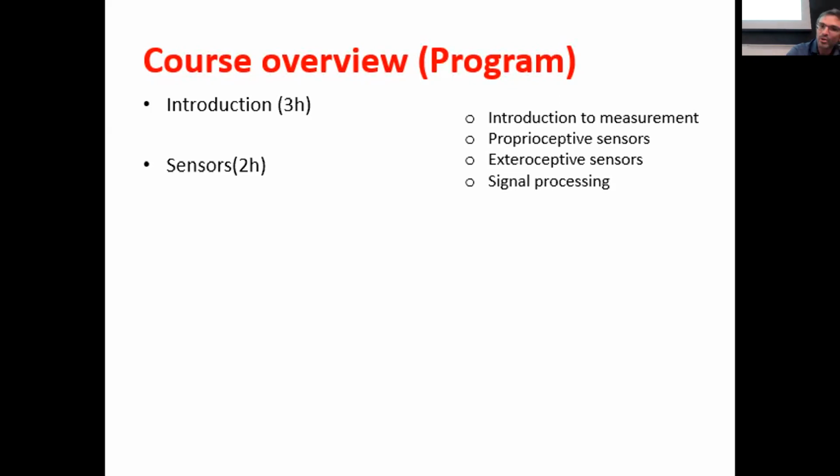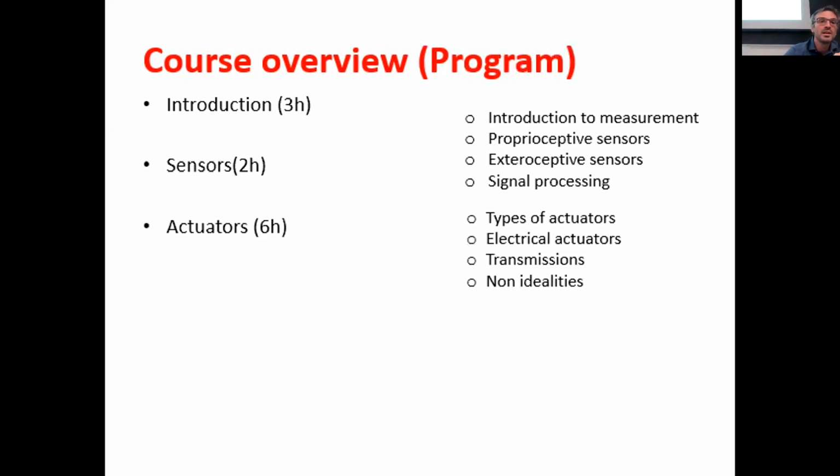So all the kinds of errors that you can see and how to mitigate them. Then I will discuss the different kinds of sensors in robotics, proprioceptive sensors, exteroceptive sensors, and some signal processing. Then the actuation part, so what the types of actuators are, electrical actuators specifically.